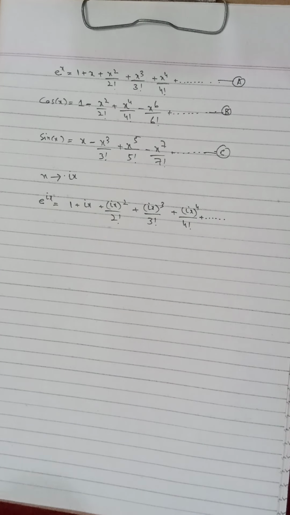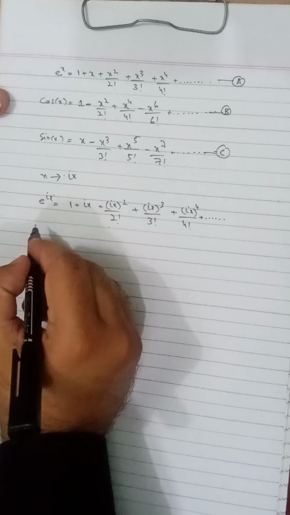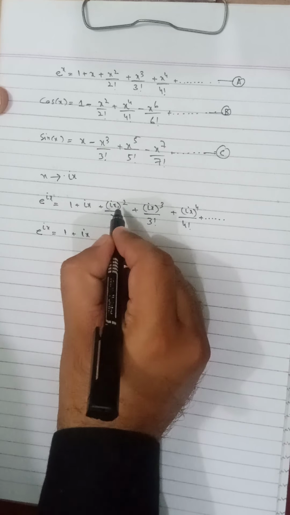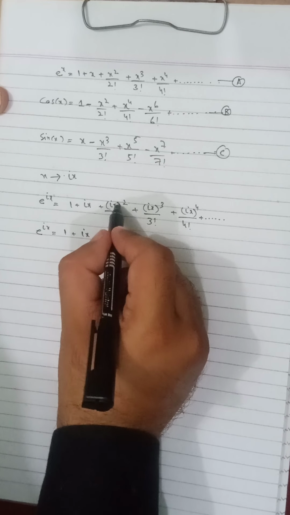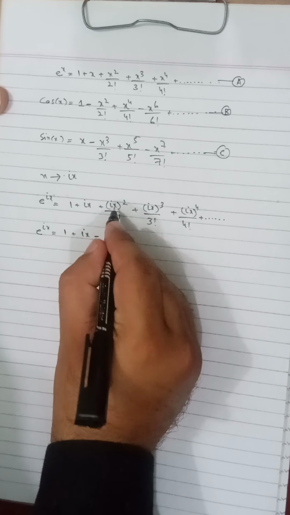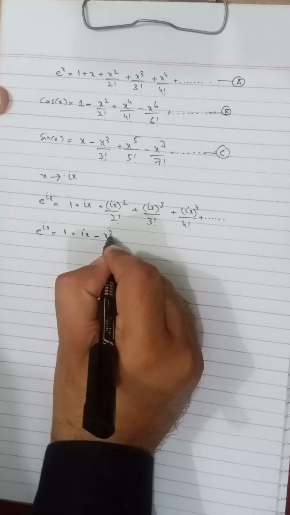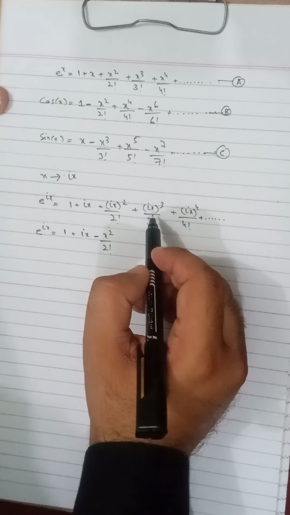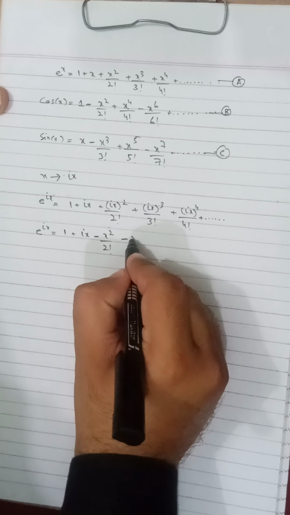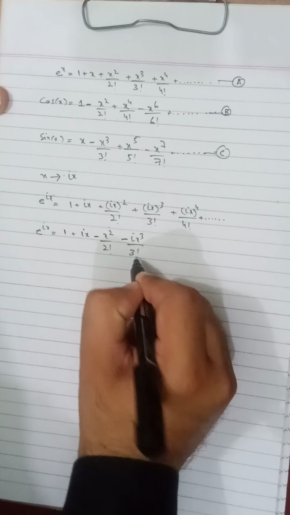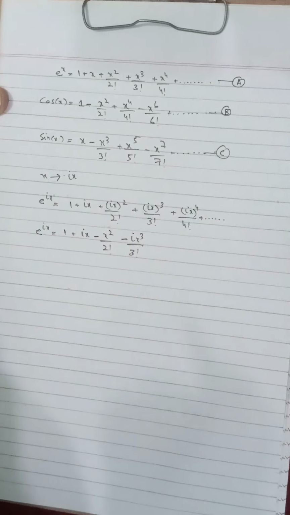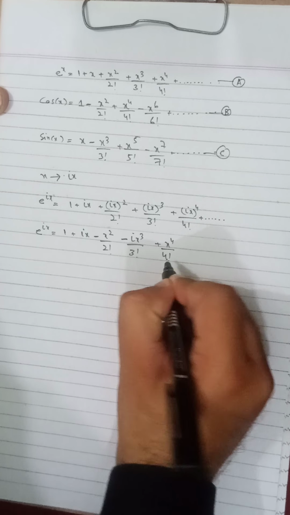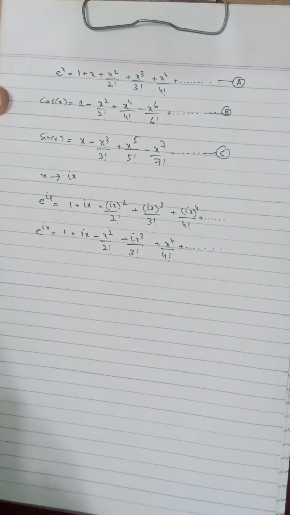Now evaluating the terms of this expansion, e power iota x is equal to 1 plus iota x, and iota square is equal to -1, so it is minus x square divided by 2 factorial, and iota cube is equal to negative iota, so it is minus iota x cube divided by 3 factorial, and iota power 4 is equal to positive 1, so it is plus x power 4 divided by 4 factorial plus up to so on.